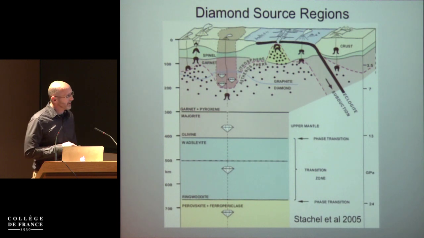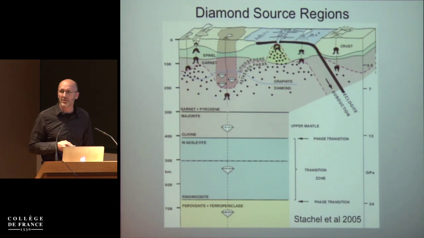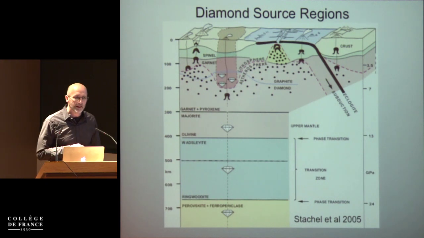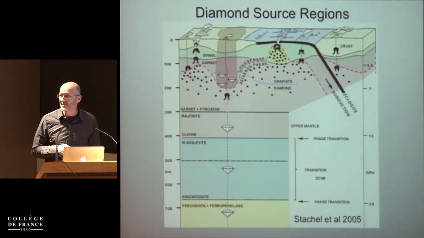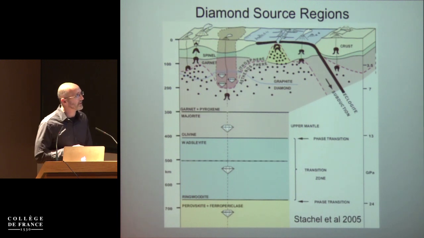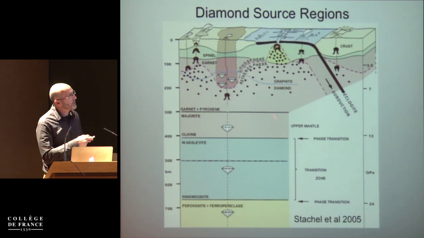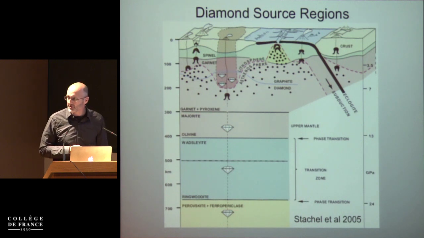Instead, we're going to look at much more rare diamonds, and these make up, again, only about 1% of the population, and of that 1% of the population of diamonds, only a very few of them have inclusions. So these are quite rare, and they come from a wide range of depths, some of them as deep as the lower mantle.